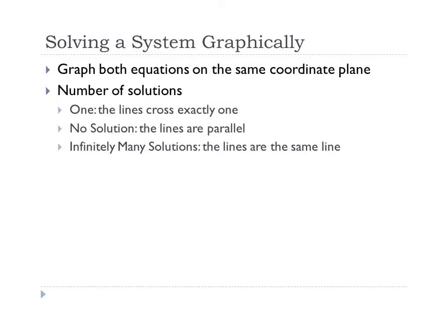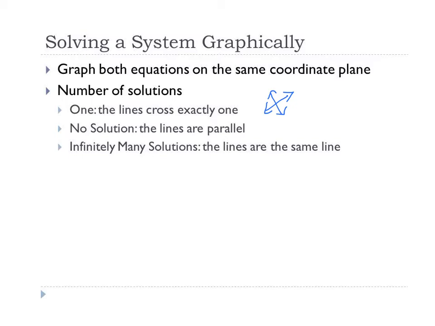With a graphical representation of two lines, you can actually get three different types of solutions. We can have one solution, and that would be when two lines cross. If two lines intersect, they have to intersect exactly once. You can't have two lines that intersect exactly twice or exactly three times.